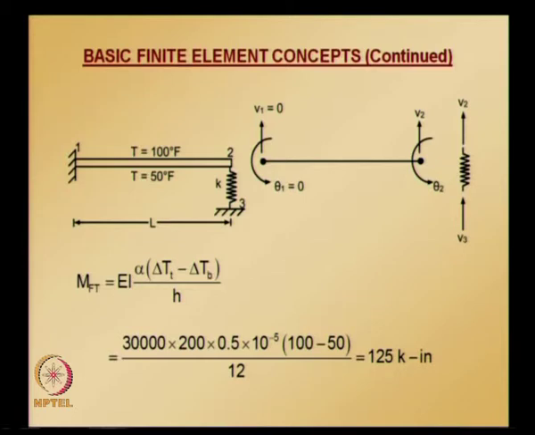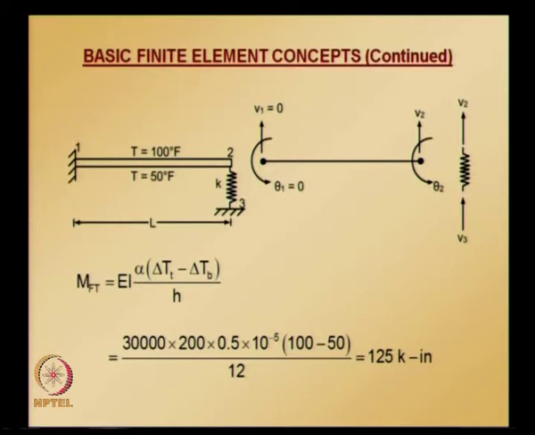And this is what is shown here. Please note that we are working in FPS units, and we got MFT. Following the sign conventions for applied moments and shears, and putting the fixed end solution in a vector form and reversing the sign, we get the equivalent nodal vector for the beam element.